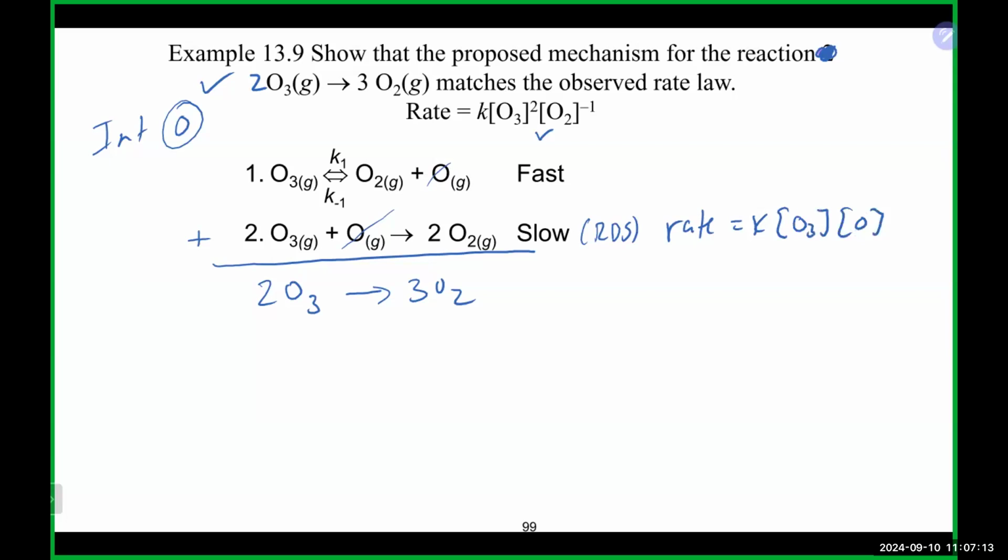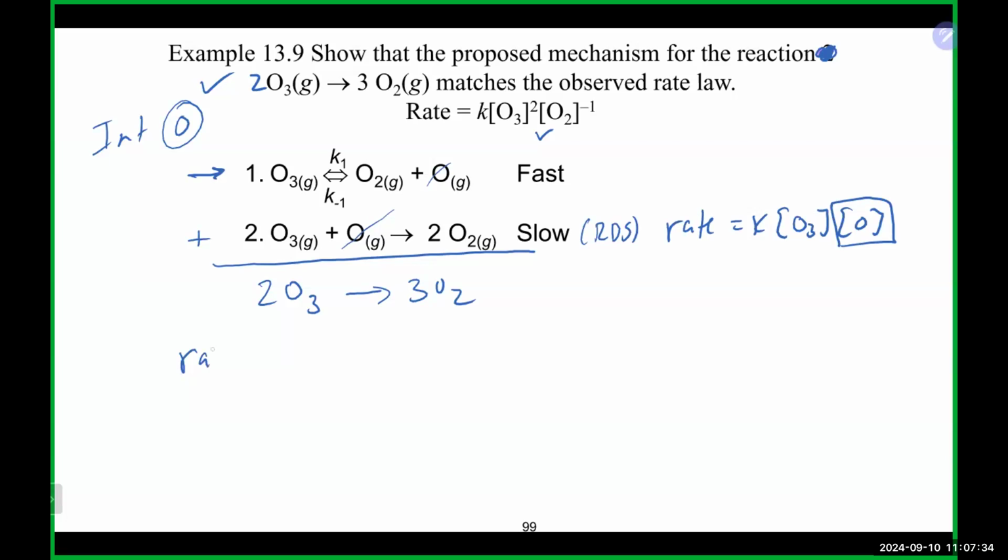Once again, in this situation, we really can't directly compare that because we still have that intermediate there in the rate law. So much like the previous one, we need to go to the other step here, really our only option, to substitute out for it. Again, this is a reversible reaction, which means we could write two rate laws for it.